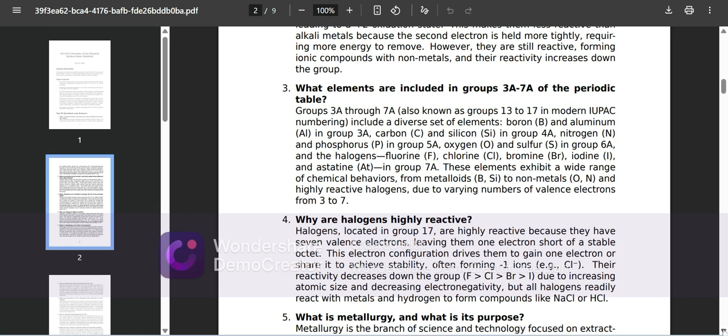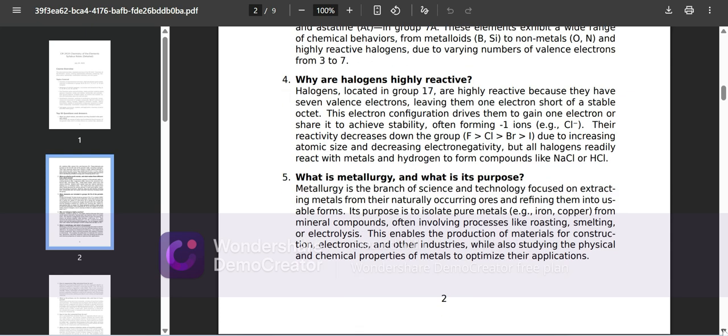These elements exhibit a wide range of chemical behaviors, from metalloids like boron and silicon to non-metals like oxygen and nitrogen and highly reactive halogens, due to varying numbers of valence electrons from 3 to 7.